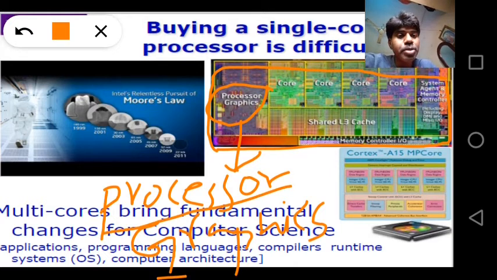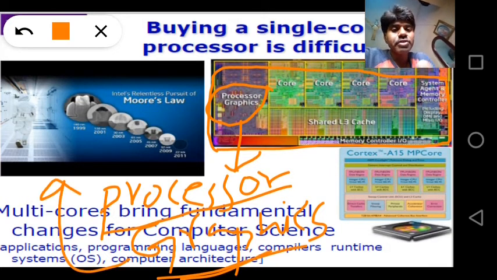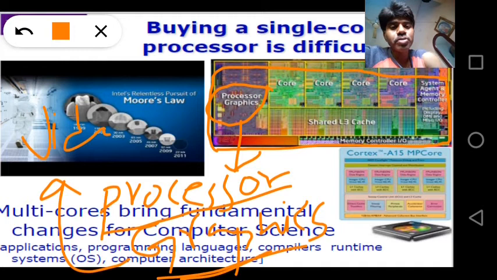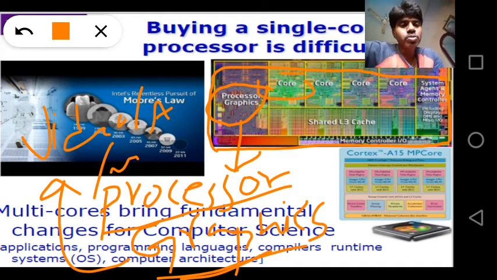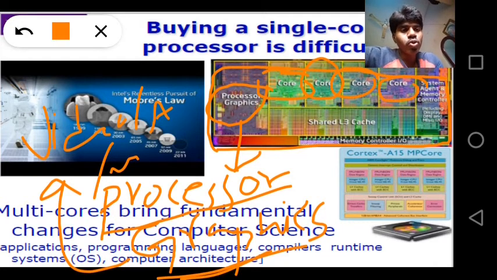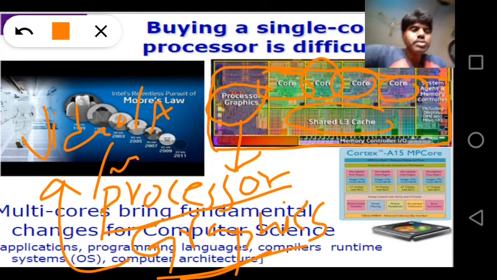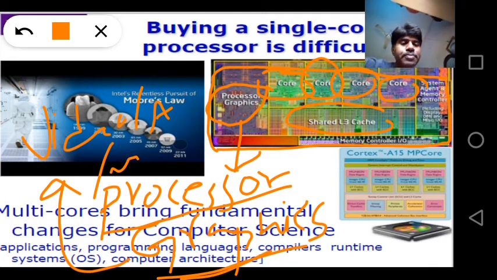There is a dedicated processor for performing graphics, for displaying video, for displaying audio, for performing multimedia things. We need to have a dedicated processor. And remember, the actual processor is divided into 4 cores. Next, we have a shared cache. Here, the cache is also shared by these cores.